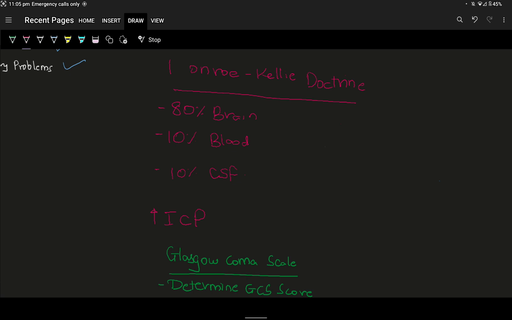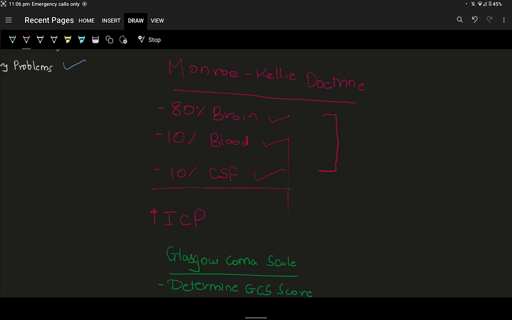There is the Monro-Kellie doctrine, whereby we have 80% of the brain, 10% of the blood, and 10% of the CSF.